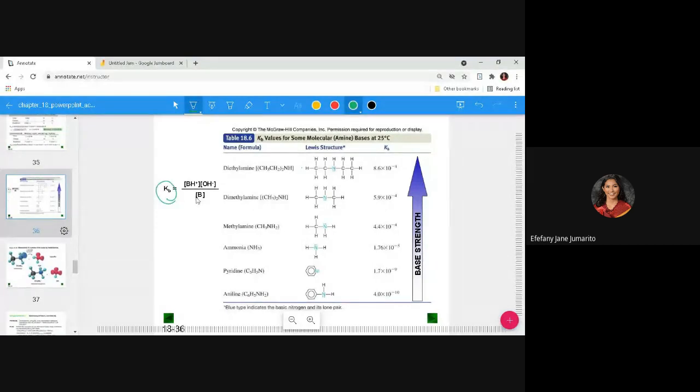Okay, the base. Now if we have this equation, we have the base plus H2O. Since it is a base, it will accept a proton from water, making BH plus and OH minus.